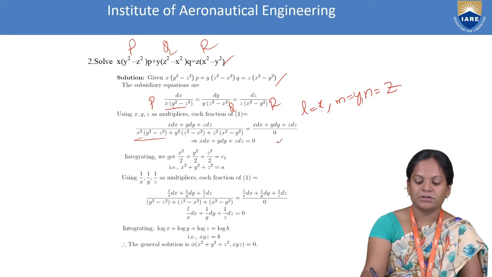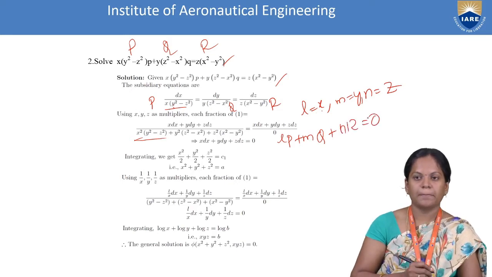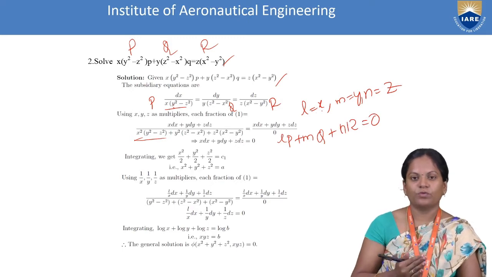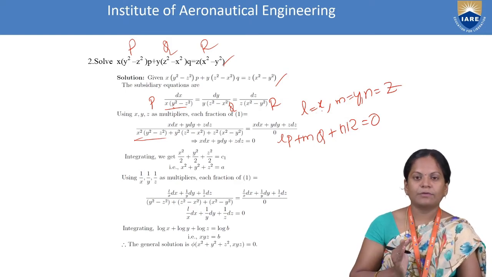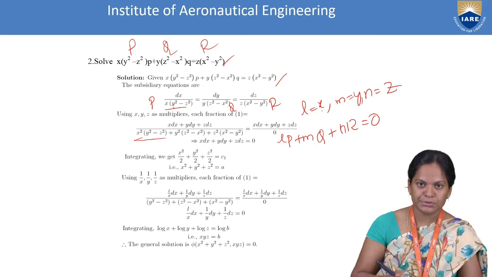What is the denominator condition here? LP plus MQ plus NR equal to 0. L, M, N I am choosing. This is our choice. So we have to choose elements that are either constants or functions of x, y, z. And what is the condition? If we take multipliers like that, then the condition is LP plus MQ plus NR must be equal to 0.